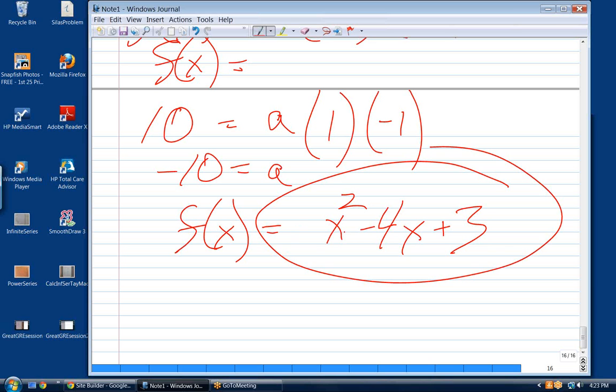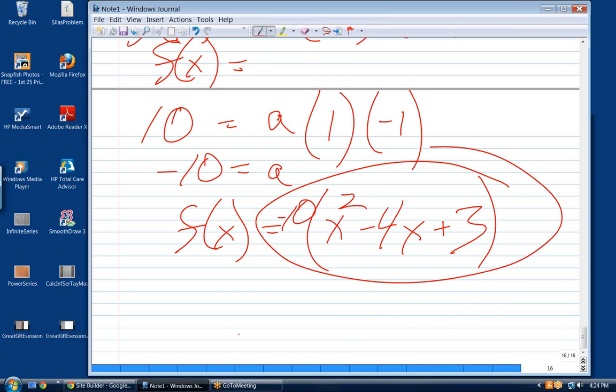And I put 2 in there. What do I get? 4 minus 8 plus 3 is minus 1. So I need to multiply this whole thing by a minus 10. So actually, that a was the minimum.